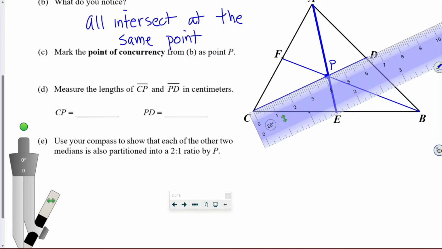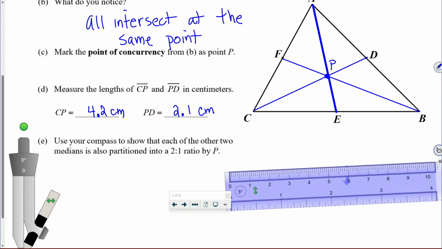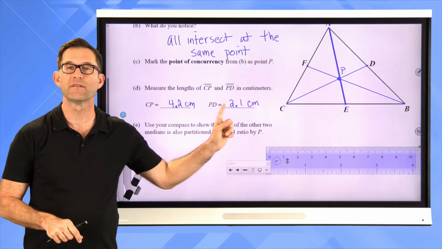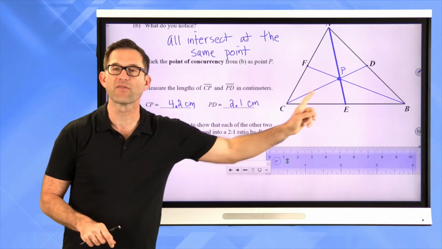But what I see is that CP looks to have a measurement of about 4.2 centimeters. And if I just move my ruler on over, I see that the length of PD is 2.1 centimeters. And what you probably noticed there is that the ratio of CP to PD is 2 to 1. CP is twice the length of PD.